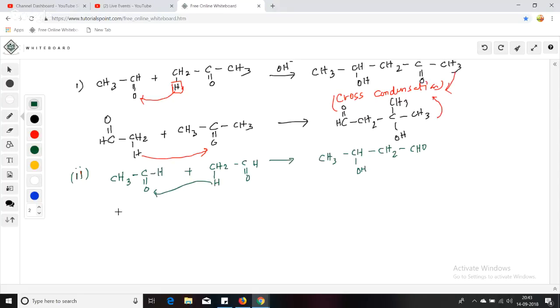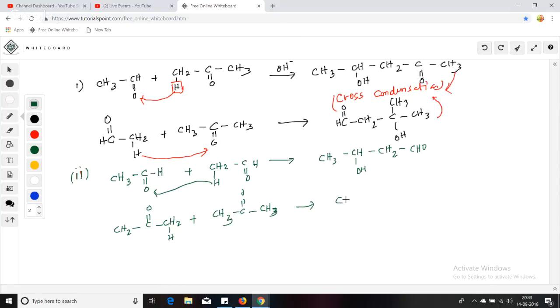The second possibility: this is for the aldehyde, and we can do the same for the ketone also. CH3C=OCH2H plus CH3C=OCH3. Sorry, here also we have 3. This hydrogen and this oxygen join, and this carbon and this carbon join.